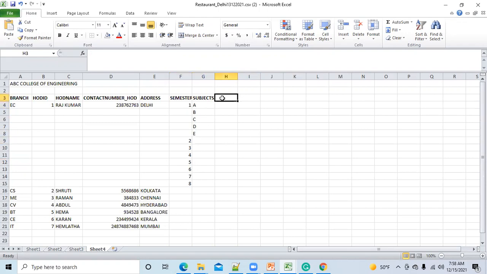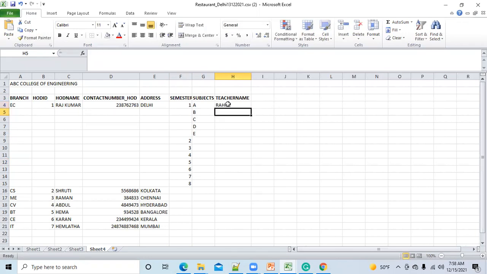Who is the teacher? Teacher name, first semester. Suppose the teacher names are Rahul, Sita, Geeta, and Raman. One more left is Suresh. They are the teacher names.